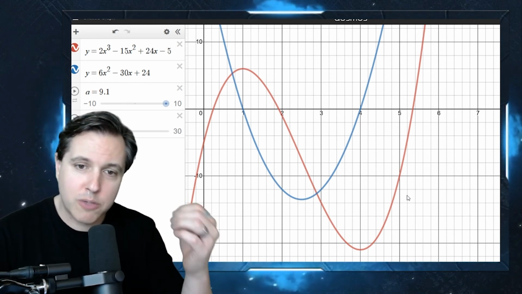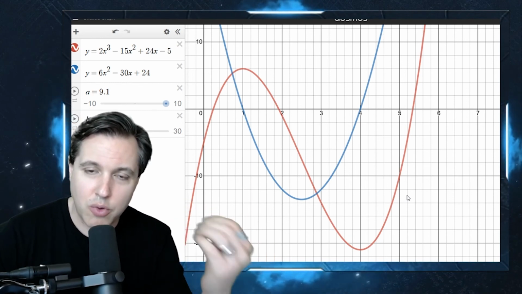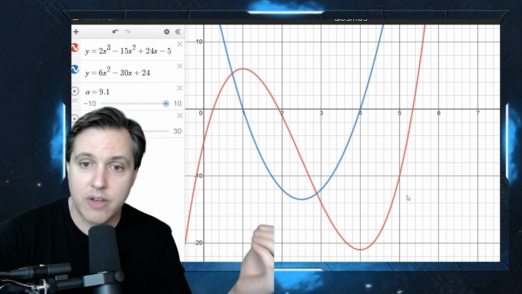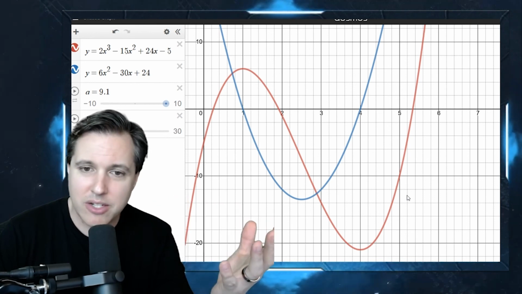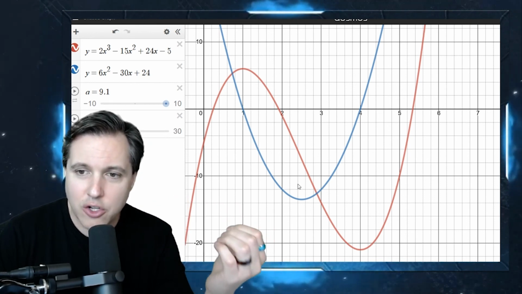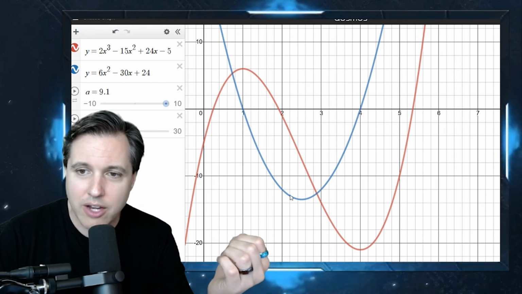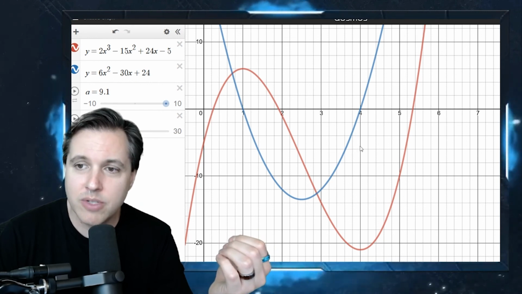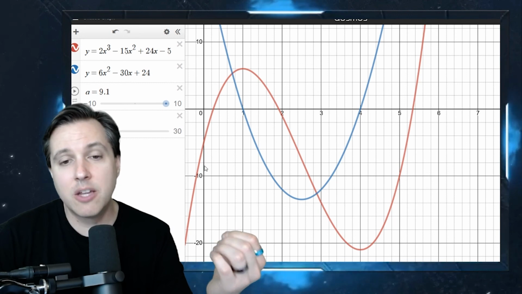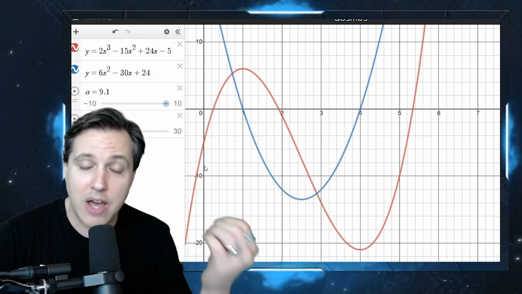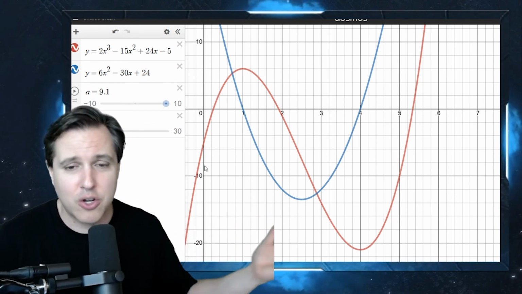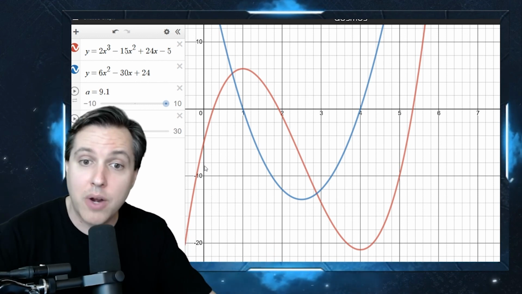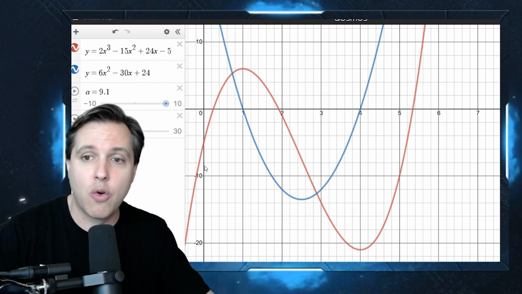So if you spend a little time with this when you're doing these functions and their derivatives, sometimes it just takes 5-10 minutes, try to look at the derivative and interpret that derivative in terms of the original function. This can be a really helpful tool to develop, because while other people are still trying to figure out what's going on, you already pretty much understand what's going on in this problem.